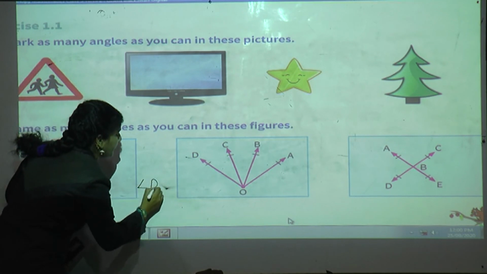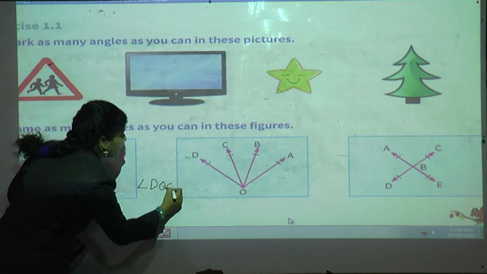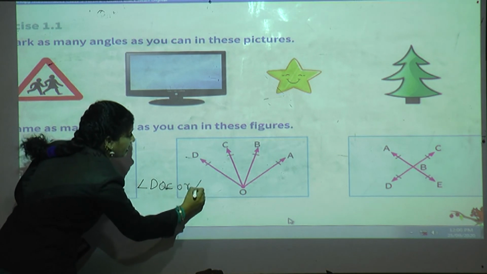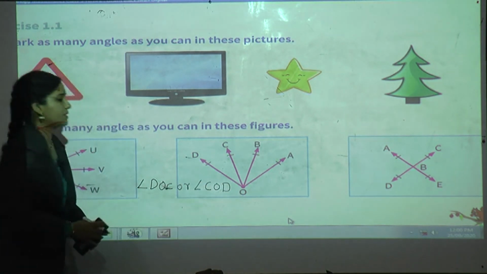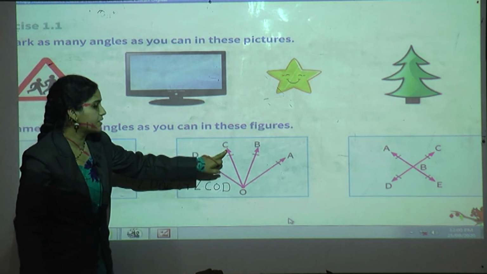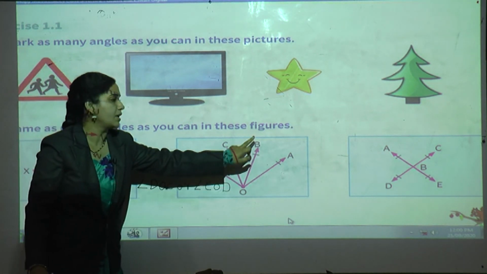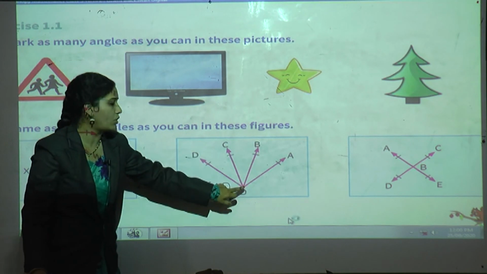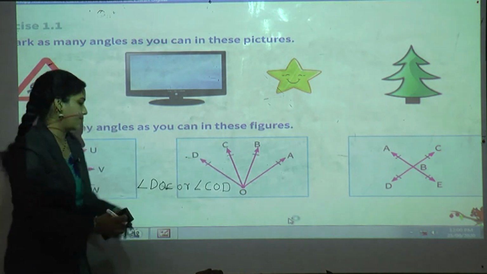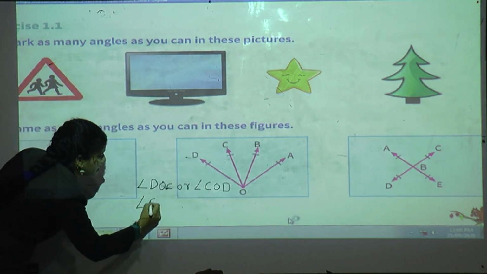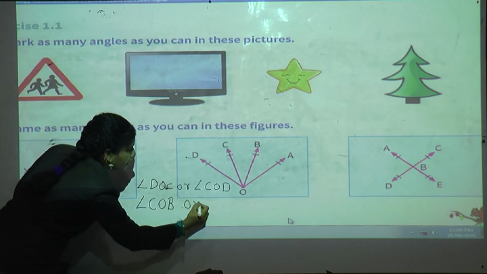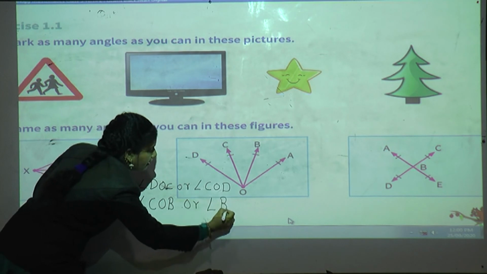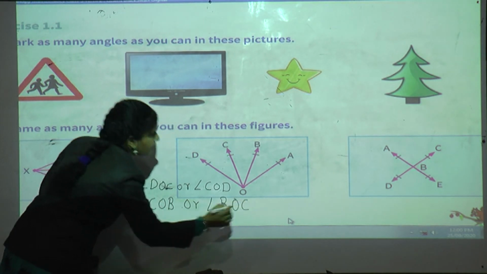Angle BOC or angle COD, angle COB and angle BOC.